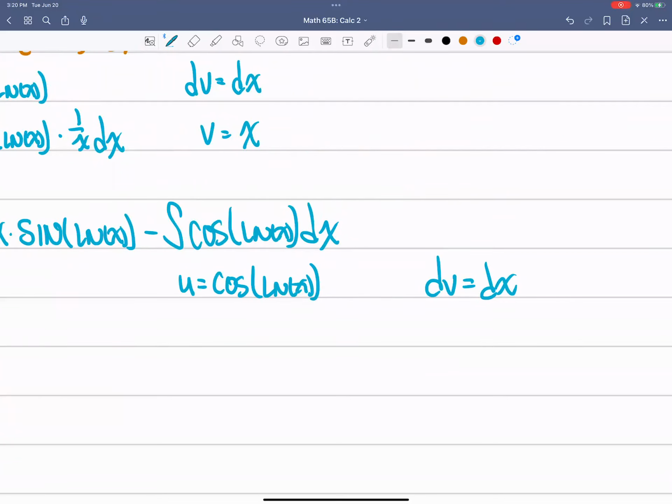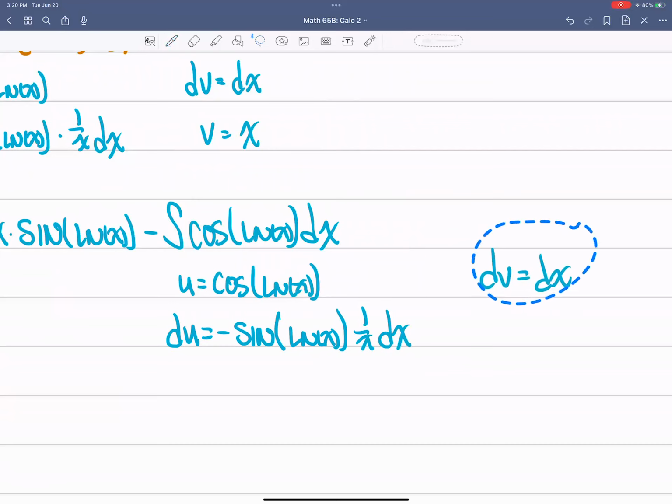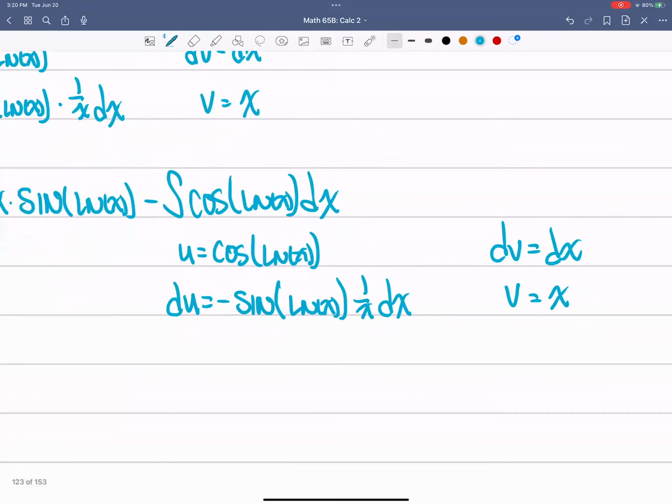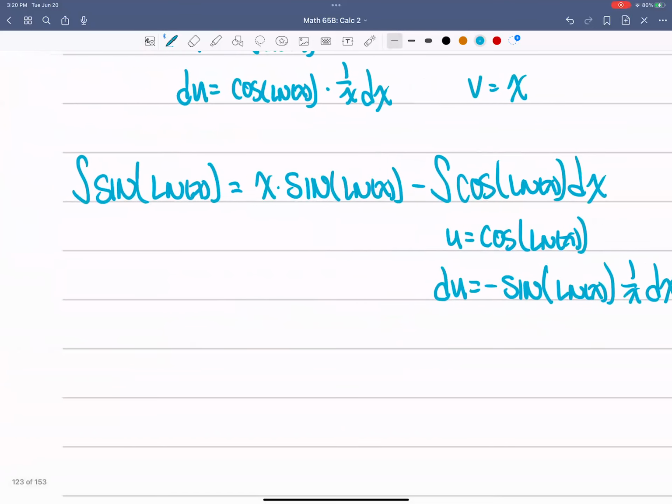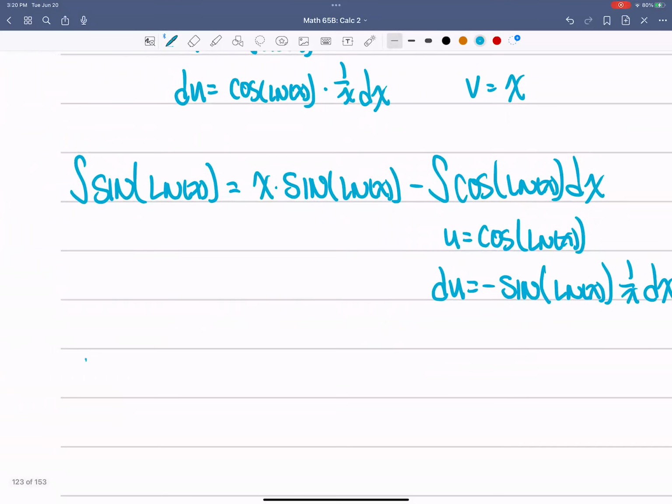So the derivative du is going to be equal to negative sine of ln of x times 1 over x dx. Gotta give myself enough room here. And we have v is equal to x.